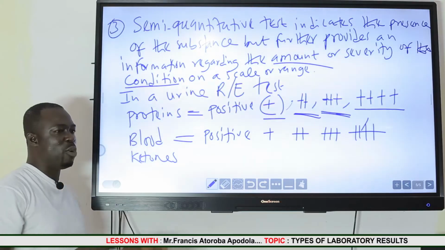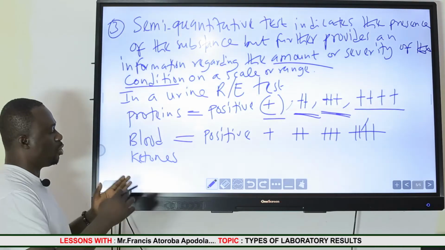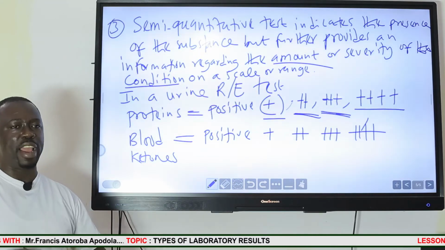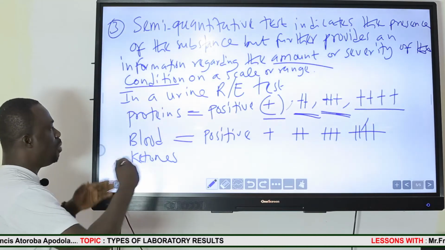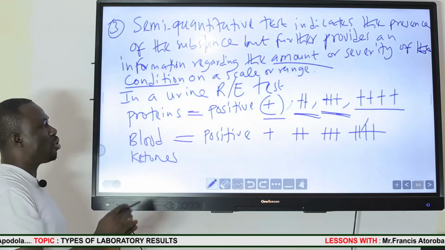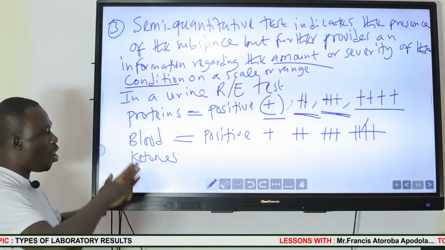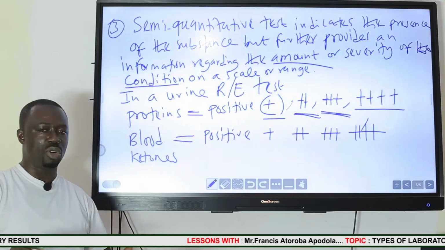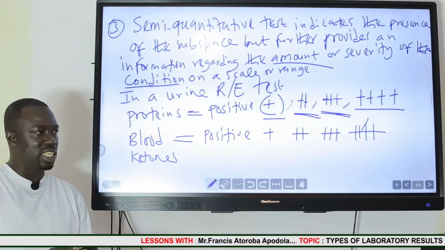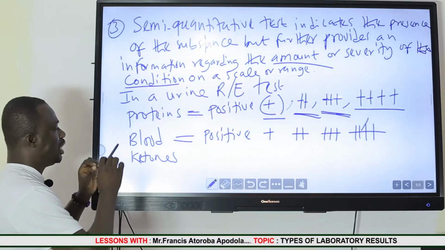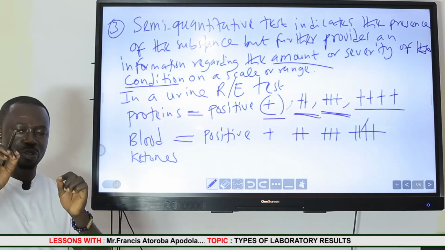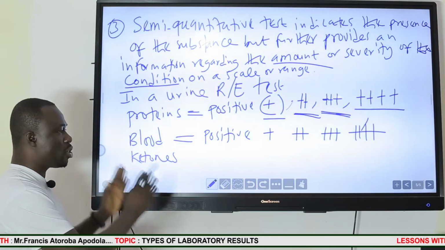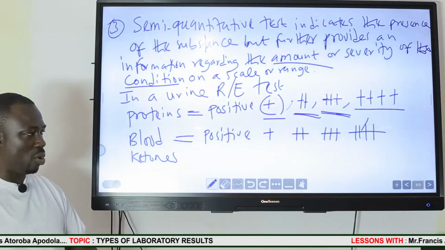Now, for a laboratory scientist, a physician, a nurse, or any healthcare provider to be able to interpret laboratory test results, the healthcare provider must be able to differentiate normal results from abnormal results.